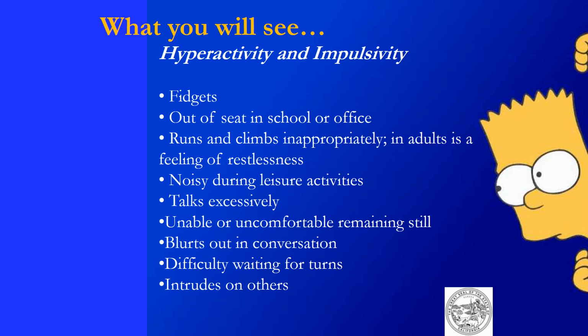In adults, they constantly have a feeling of restlessness, although they may not actually get out of their seat and run around and climb trees or other objects. They feel like they may want to. They're noisy even during play activities. They oftentimes talk too much. They're unable or uncomfortable staying still. They blurt out in the classroom and in conversations, and they have difficulty waiting for turns, and they oftentimes intrude on the play of others.